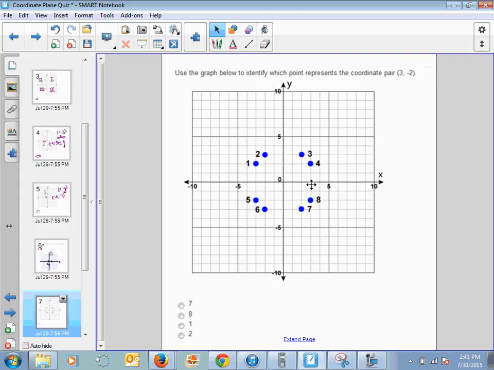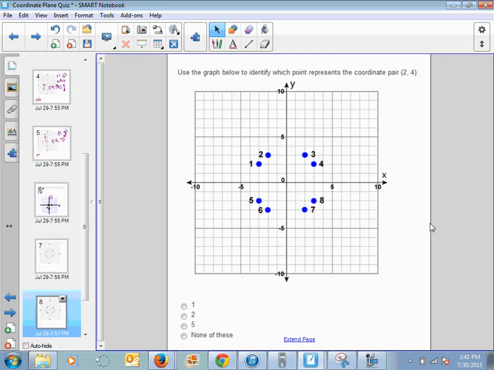Then we go down 2, 1, 2, puts you right there on that 8. Okay, same thing, we're going to look for 2, 4. So again, start here at the origin, go to the right 2, and go up 4. 1, 2, 3, 4. So that's right there. You see there's no point there, so that's going to be none of these.